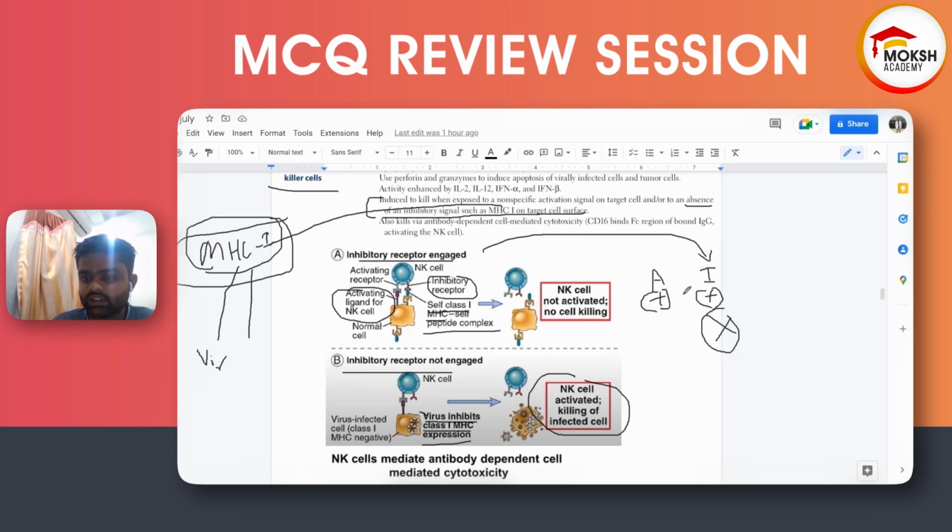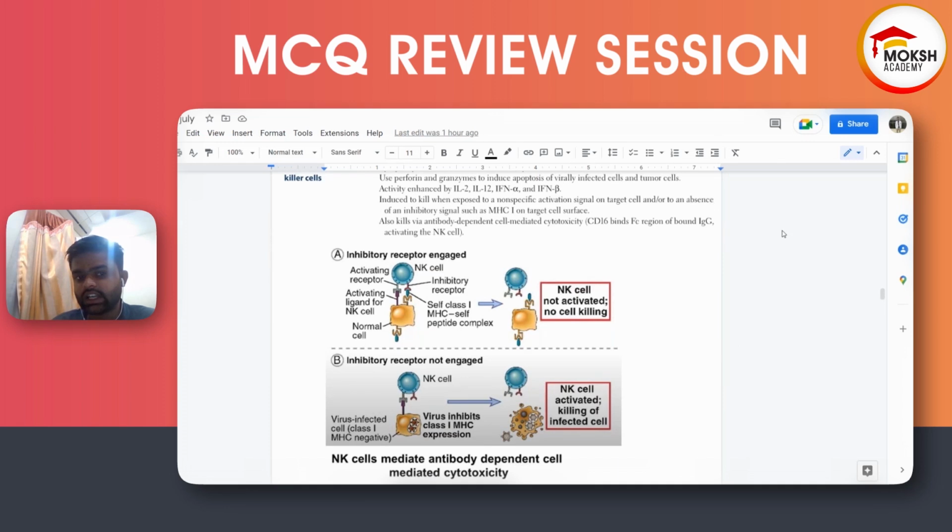So there are inhibitory signals as well as activation, and the natural killer cell is not activated and there is no cellular killing. But in virally infected cells, you can see there is no MHC class 1 and no inhibition. So natural killer cells will activate and cause these infected cells to die.